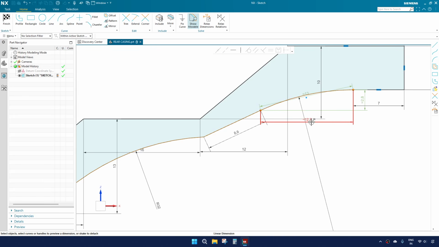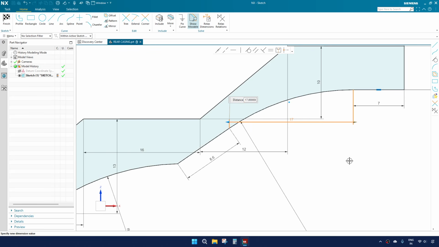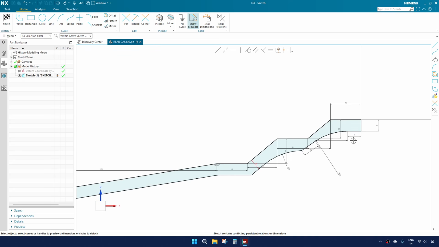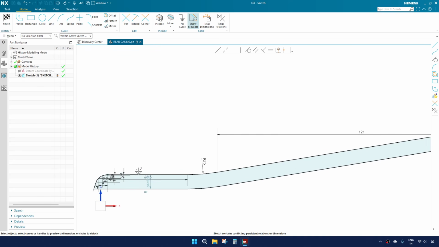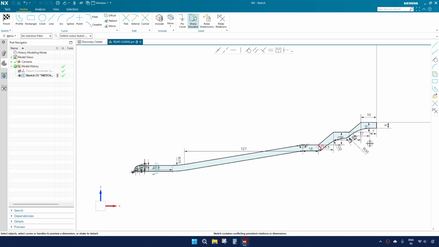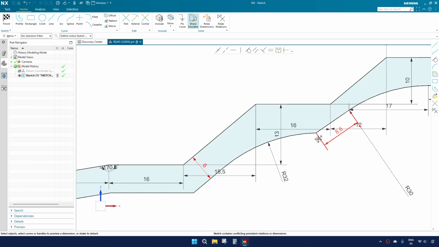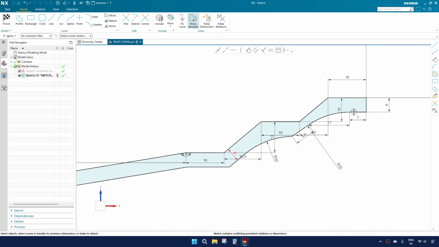The horizontal dimension from here to here is 17. Okay. So that makes the sketch fully constrained.